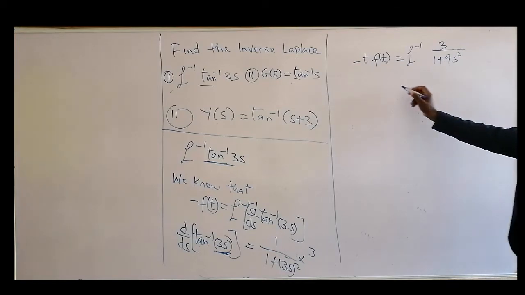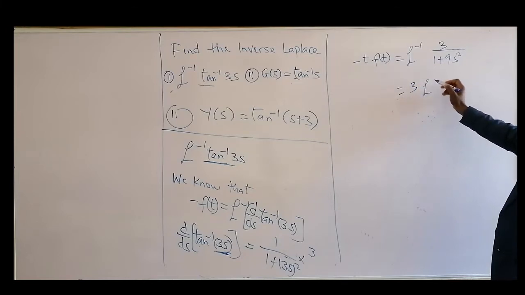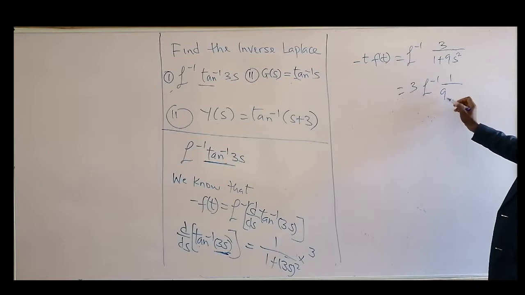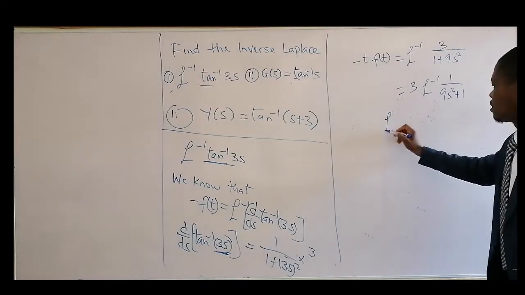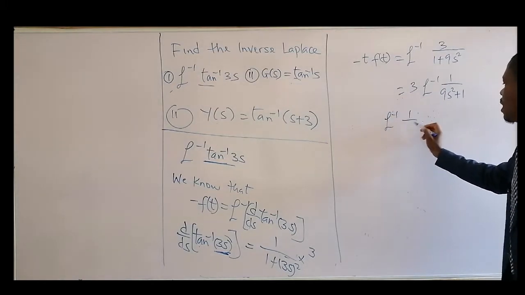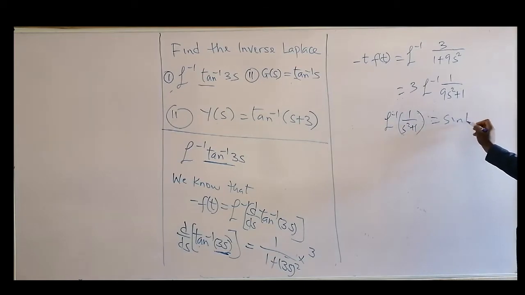We can take this 3 out to the other side if you want. Then we have 1 over 9x squared plus 1. We want to follow the format. The format is that the inverse of 1 over x squared plus 1 is sine t.